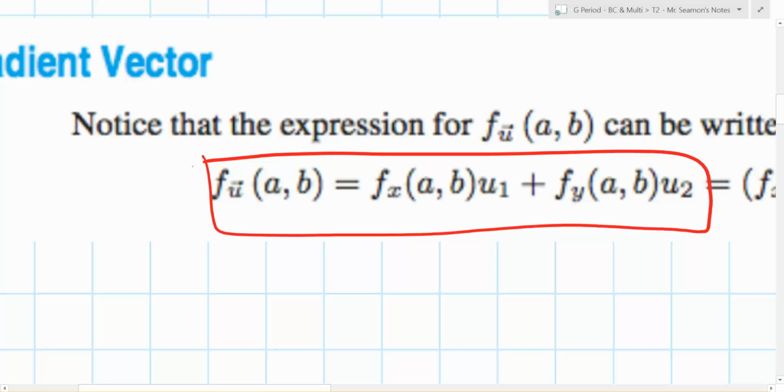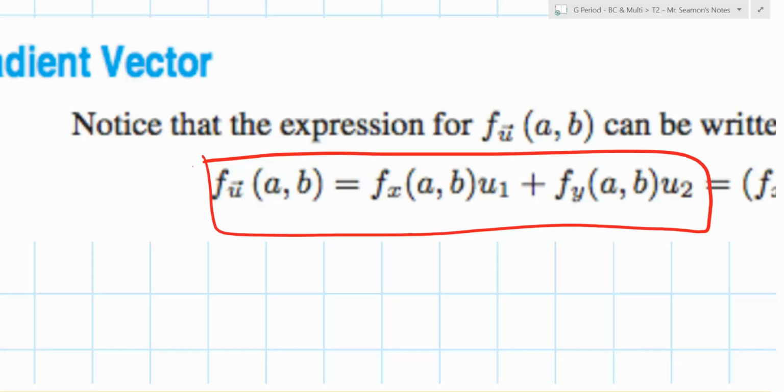So if you want to find the rate of change in a certain direction, you turn it into a unit vector, and then what do you do? You find the partial derivative with respect to x at the point, and you multiply it by the i component, and then what do you add to it? The partial derivative with respect to y evaluated at the point times the j component, right? We did that before.